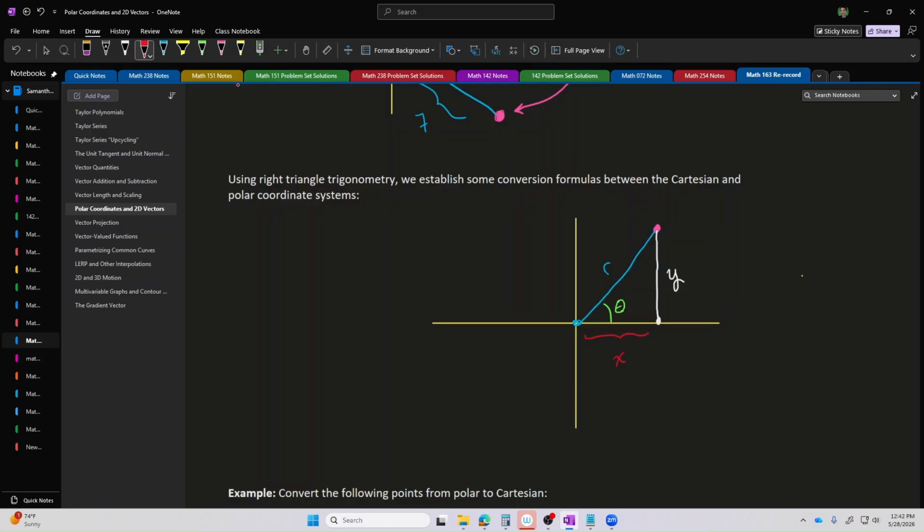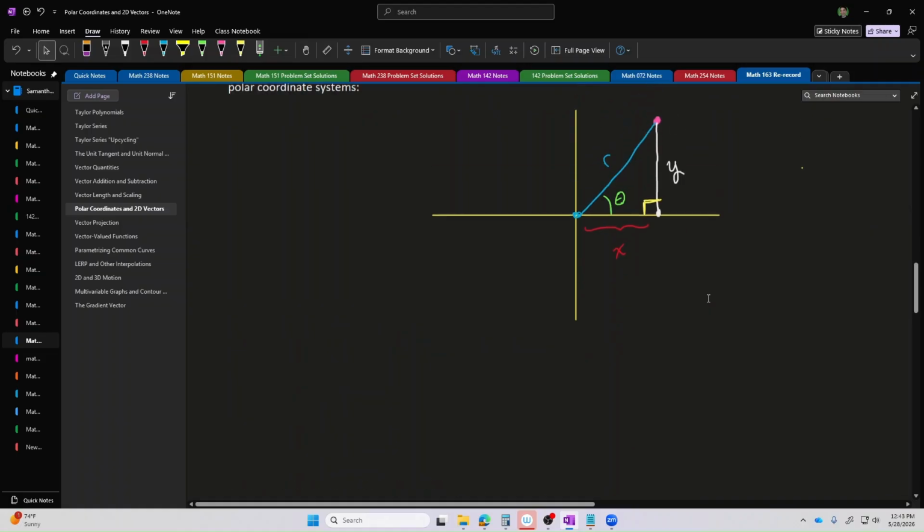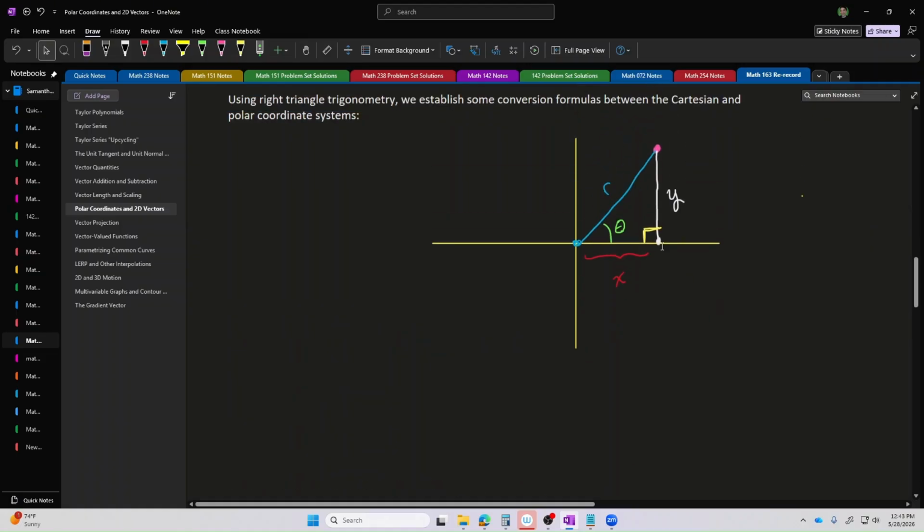So as you can see, by marking down the x and the y and the r and the theta for this point, we've ended up generating a right triangle within this picture. So we can use this right triangle and the formulas from right triangle trigonometry to establish some conversion formulas between these quantities.